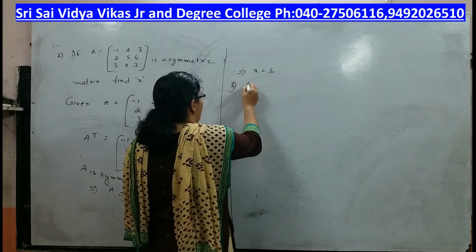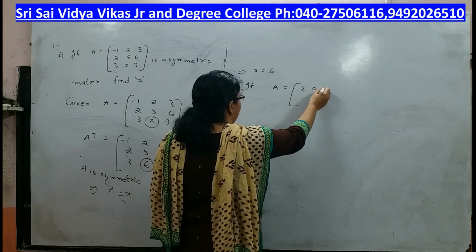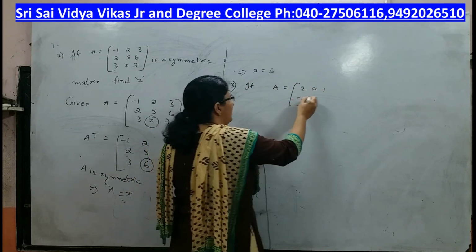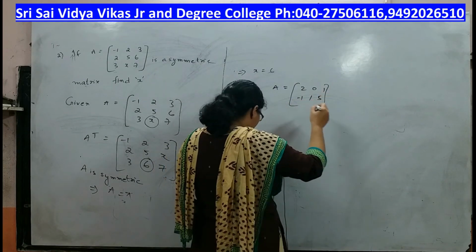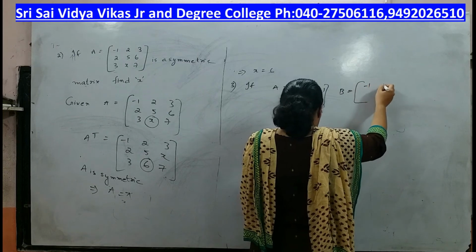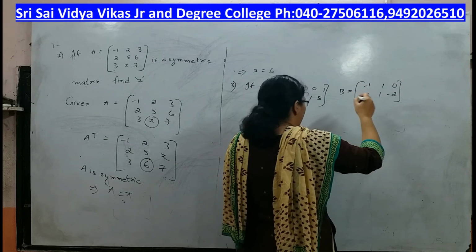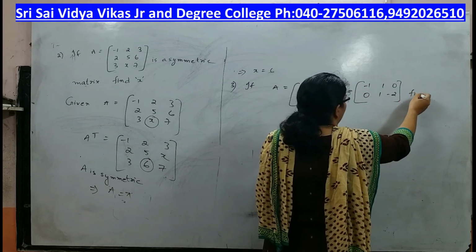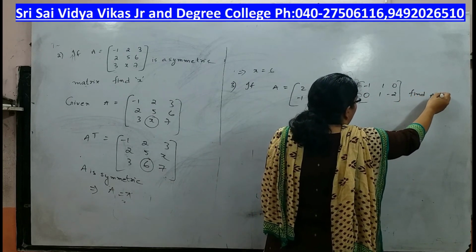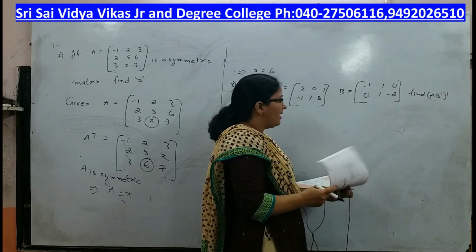Third one. If A is equal to 2, 0, 1, minus 1, 1, 5 and B is equal to minus 1, 1, 0, 0, 1, minus 2, find A into B transpose whole transpose. This is what you have to find.